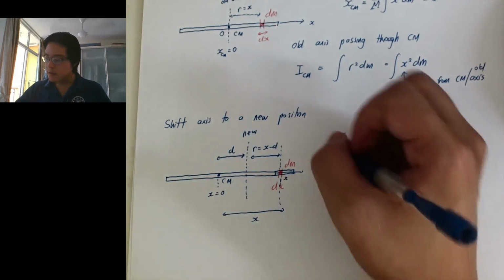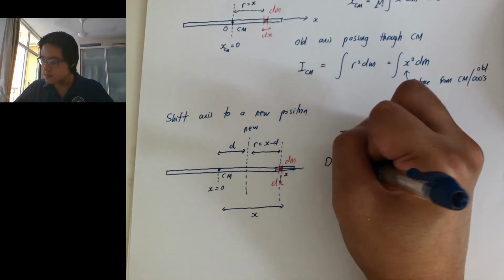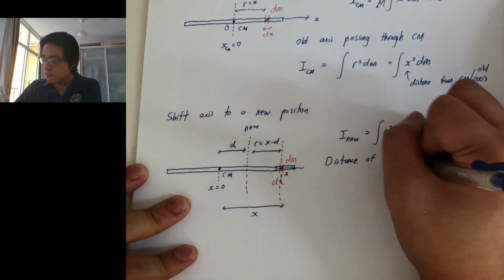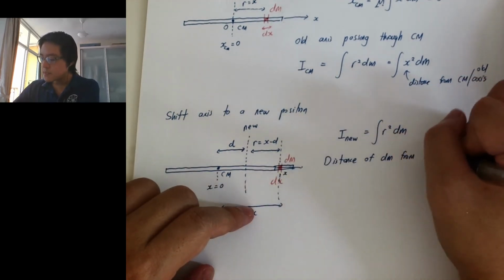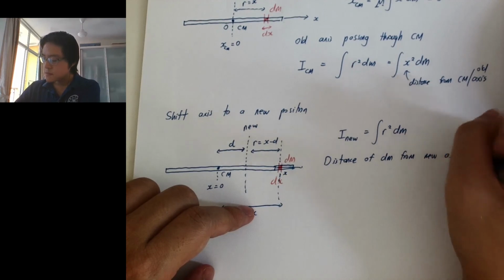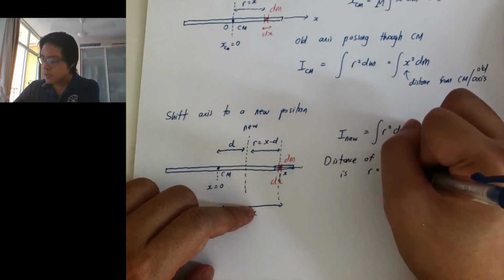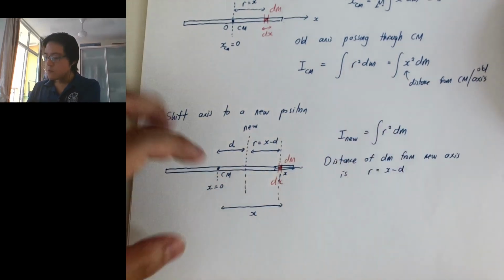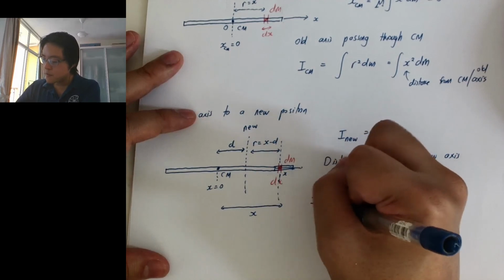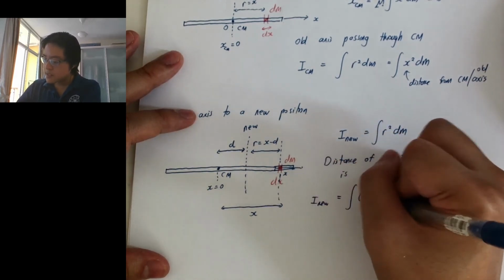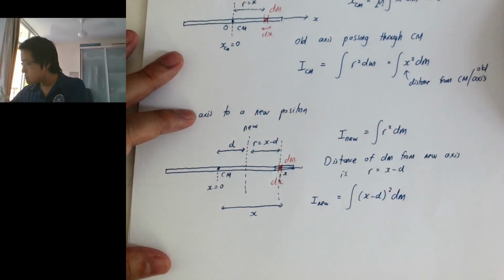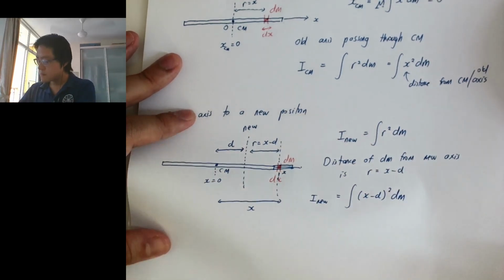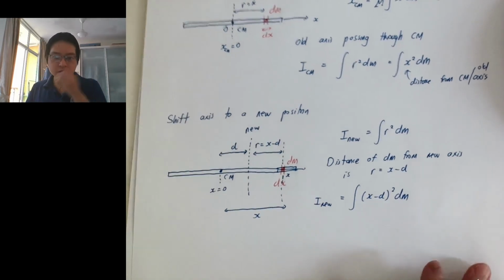So the distance of one piece dm from the new axis is x minus d, which is to say that my new moment of inertia is the integral of (x minus d) squared dm. Do you follow so far?